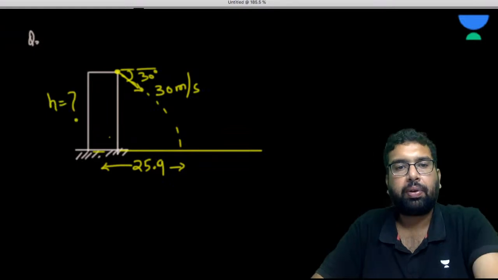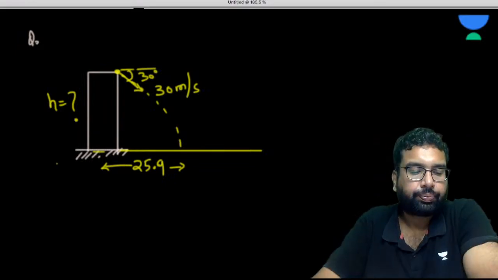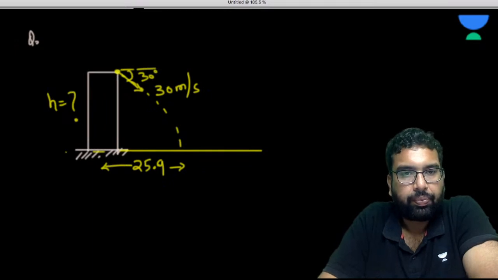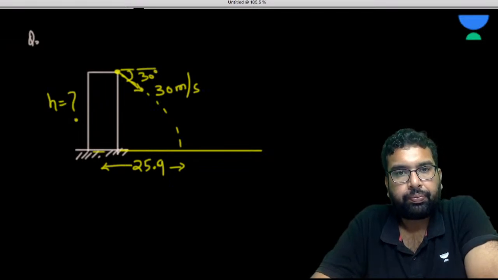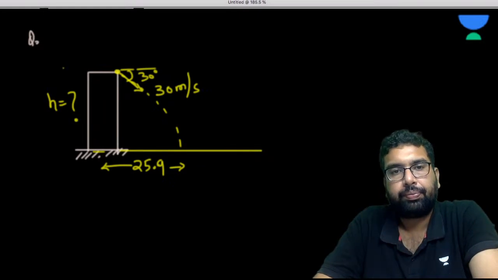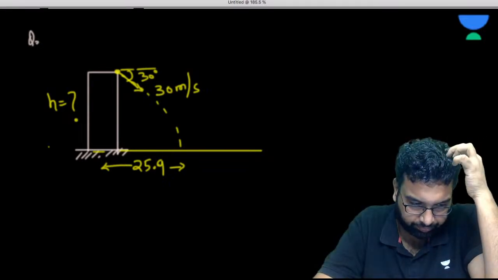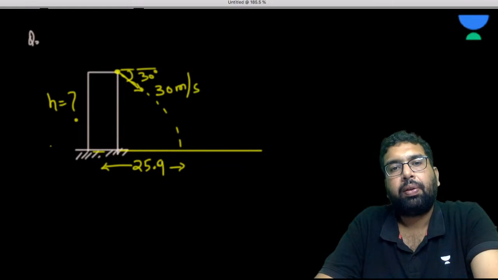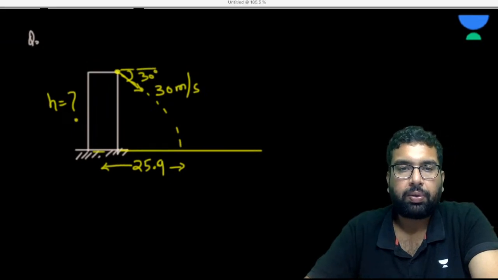Can you please try it? What is the height of this tower? So something can be thrown like this also.